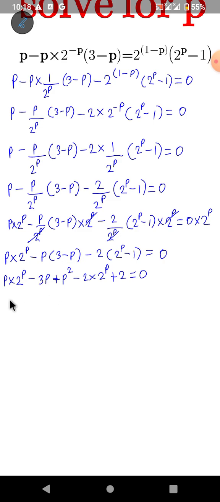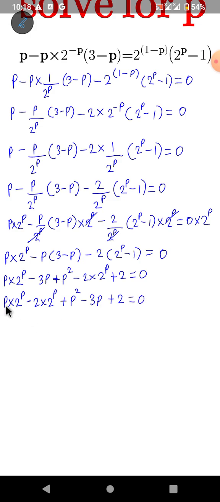So I'll say p multiplied by 2 raised to the power of p minus 2 times 2 raised to the power of p plus p square minus 3p. As I take this minus 3p now to this place, then all plus 2 equal to 0.